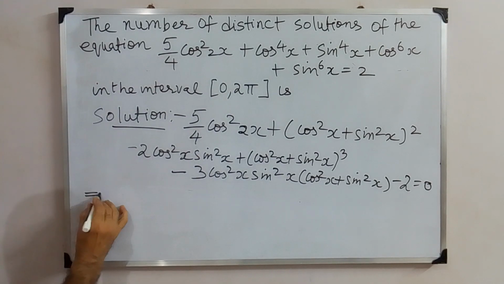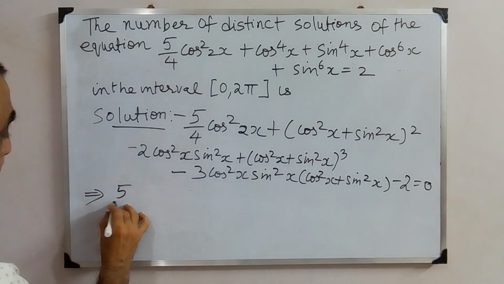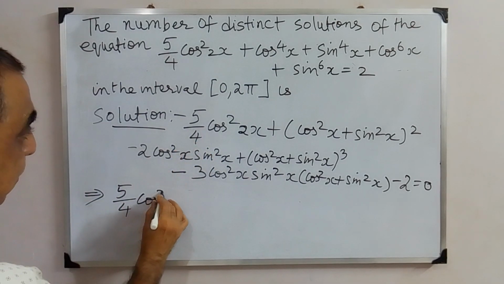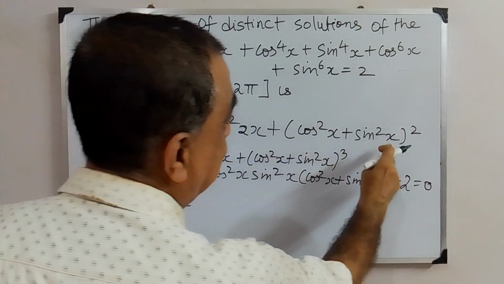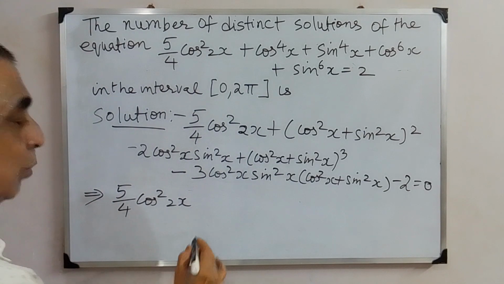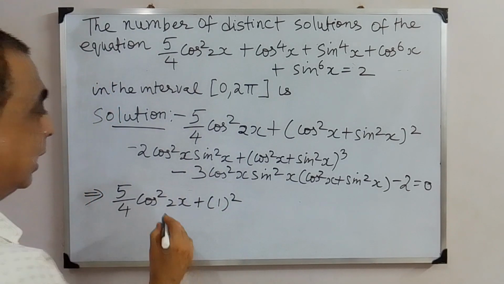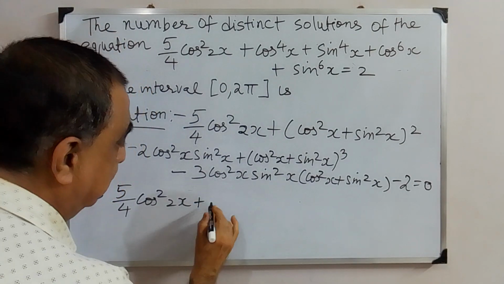Now see, we are simplifying it. The first term I am copying just like that, 5/4 cos squared 2x. And cos squared x + sin squared x value is 1, so 1 whole squared we can write directly as 1.